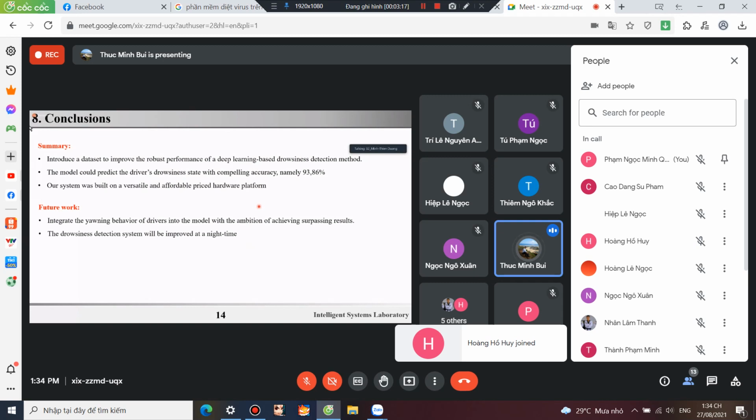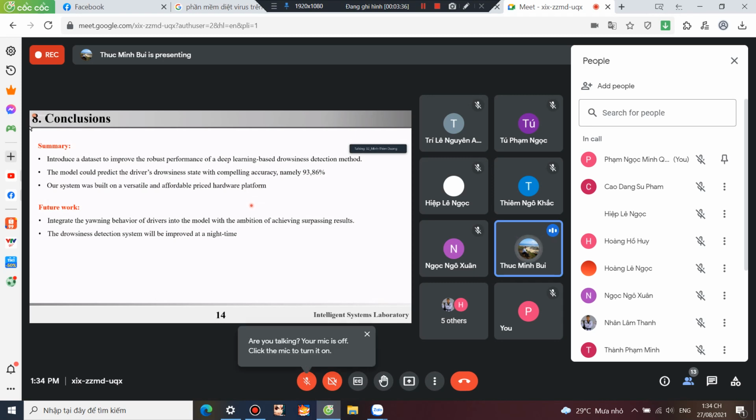And finally, our system is built on a versatile and affordable hardware platform. So in the future, we want to integrate the driver's behavior into the model in addition to the achieved surpassing result. And I also want to improve my system to work at night time.